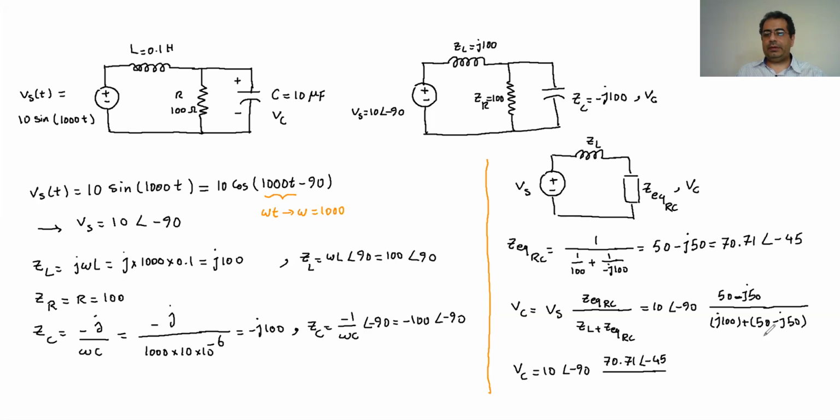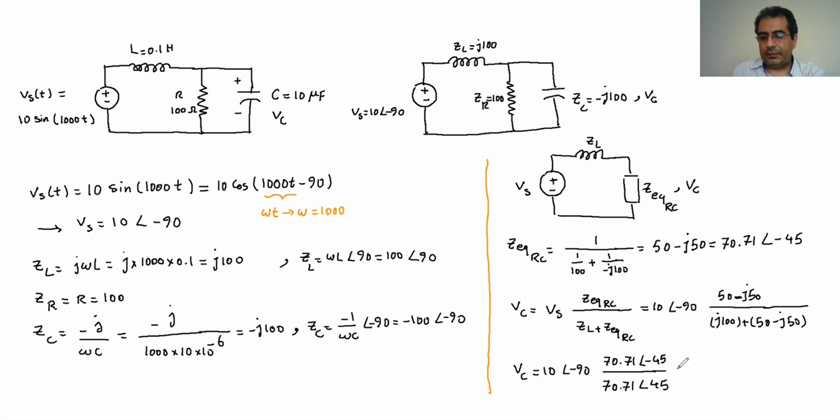And here, if you add them together, which gives us 50 plus J50, and then convert it to polar, you're going to get 70.71 with angle of 45.